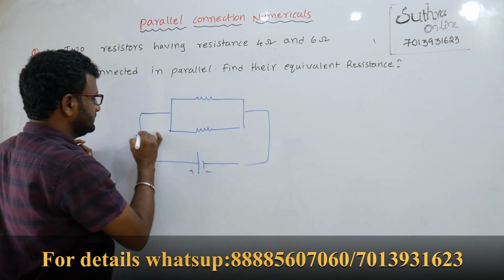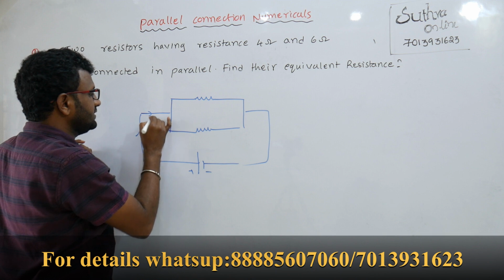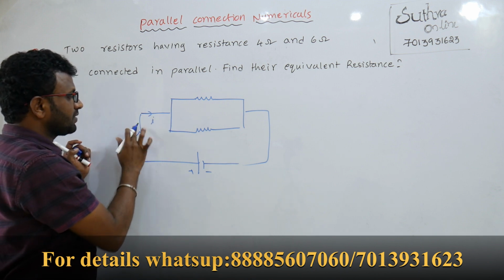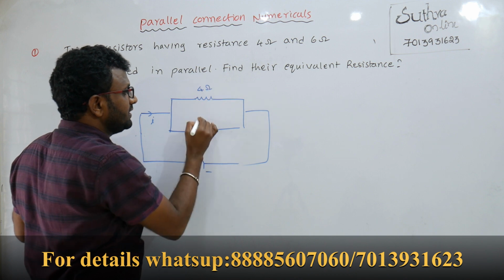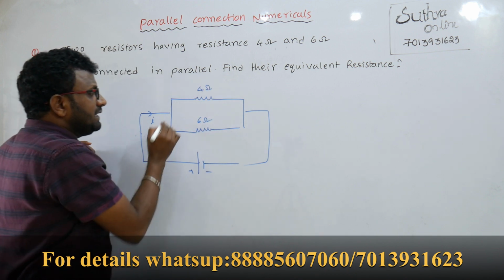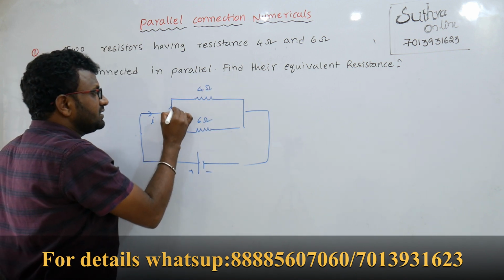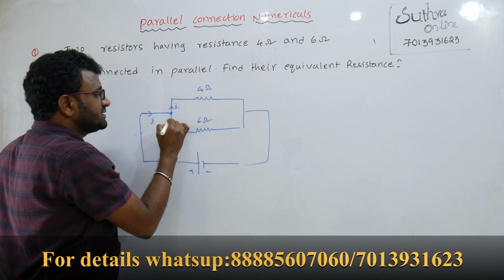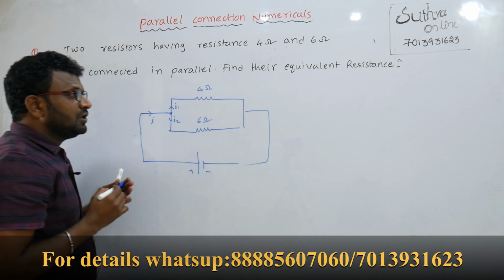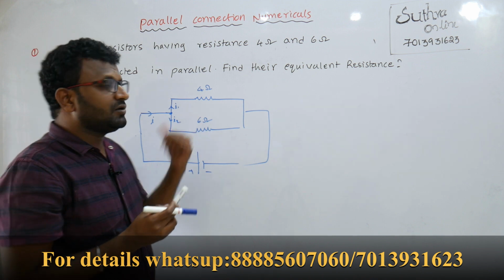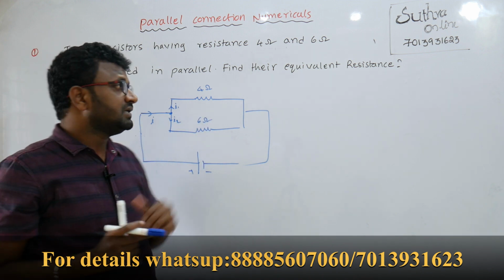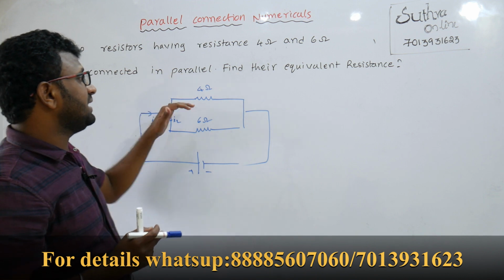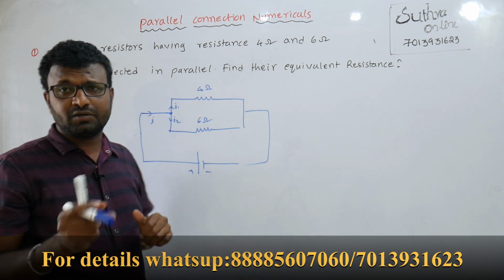This is the current, this is the 4 ohms and 6 ohms. Here when it comes, the current divides into two parts, I1 and I2. That means current divided in two parts means those two resistances are connected in a parallel connection. Already mentioned in the question, these two resistances are parallel to each other.